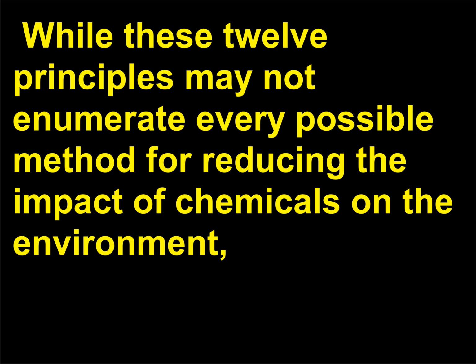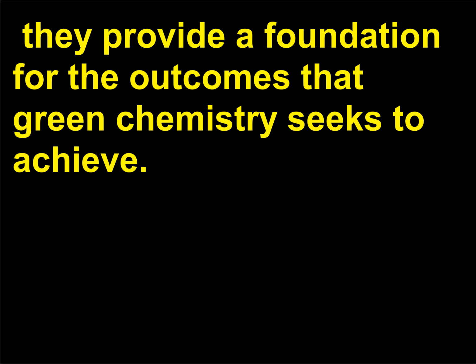While these 12 principles may not enumerate every possible method for reducing the impact of chemicals on the environment, they provide a foundation for the outcomes that green chemistry seeks to achieve.